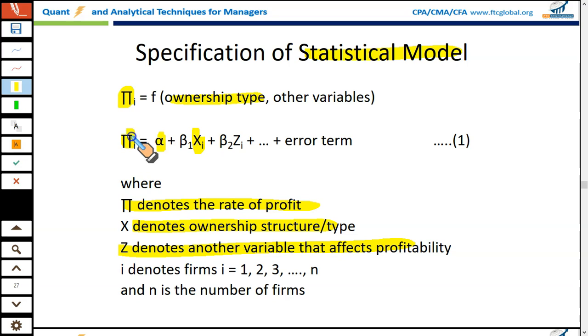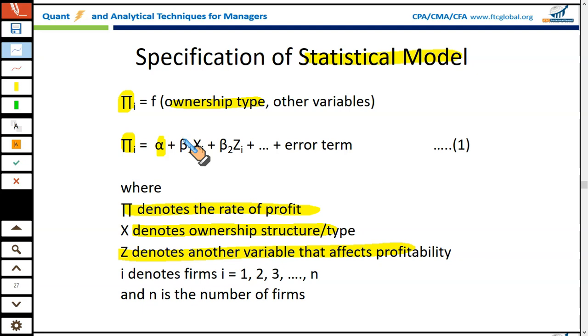Of course, your profit is dependent upon a very, very large number of variables. Could be type of ownership, advertisement spending, number of sales staff, competition in the industry in which you're operating, interest rates, tax rates, population, this, that, and so on. So many factors affect profitability.